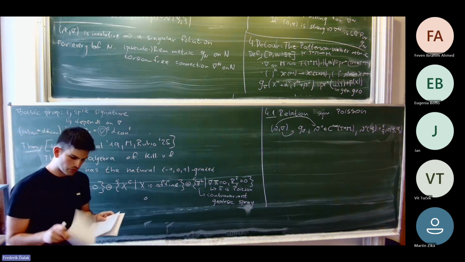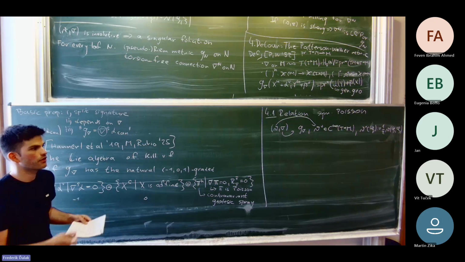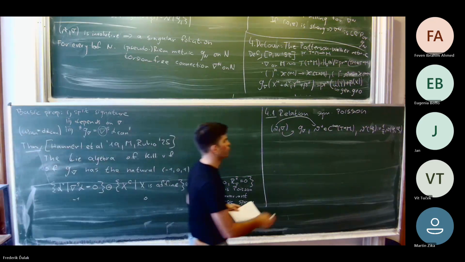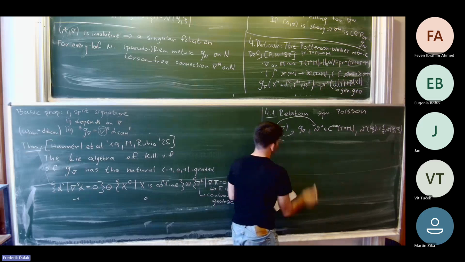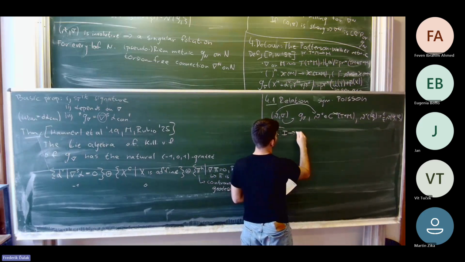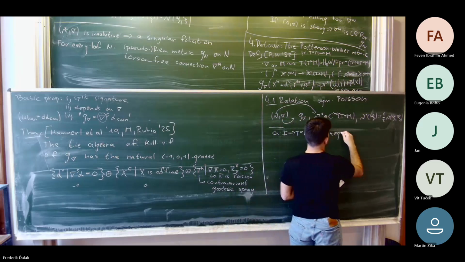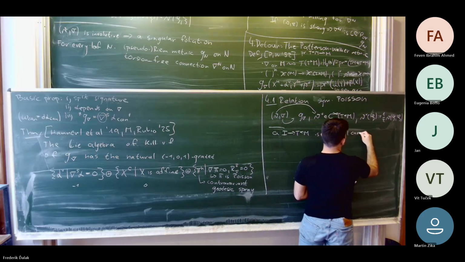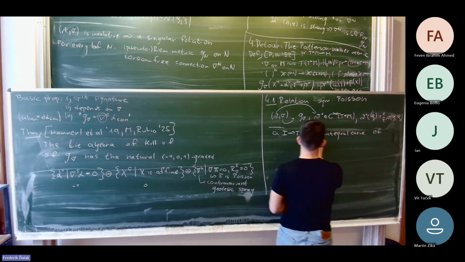And what I can do, I can calculate the integral curve equation for the gradient of this function with respect to this metric, right? And the surprising thing is that this curve on the cotangent bundle is an integral curve of these vector fields.